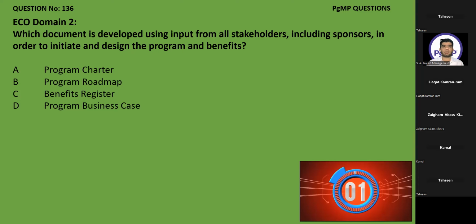Secondly, we are going to initiate the benefits also. The list of benefits is mostly in the program charter, whereas in the business case we have cost-benefit analysis and cost justifications, in which we define whether we should initiate this program or not. So the correct answer is A, the program charter, because the stakeholders are involved and we are talking about the program and the benefits.